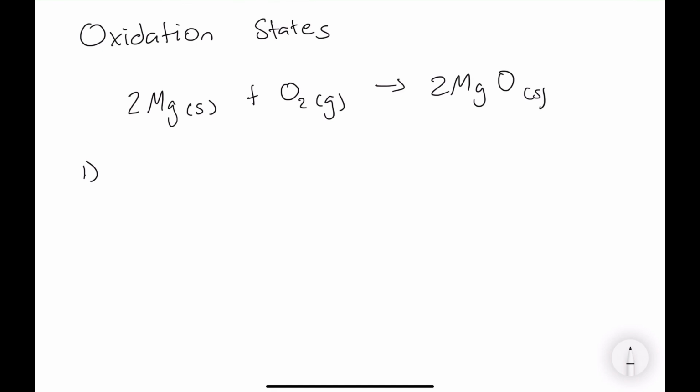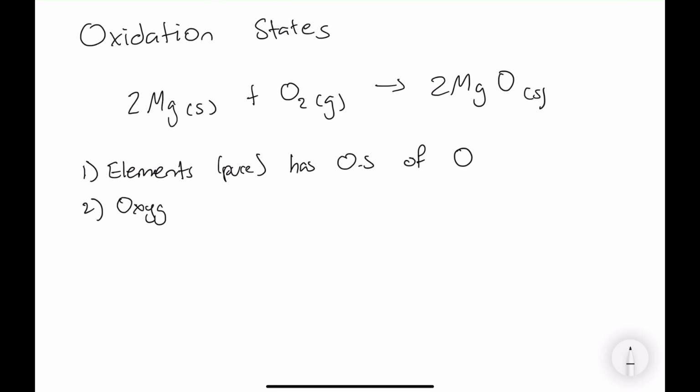The first one is quite simple: elements in their pure form have an oxidation state of 0, because it's kind of neutral, so it's just 0.